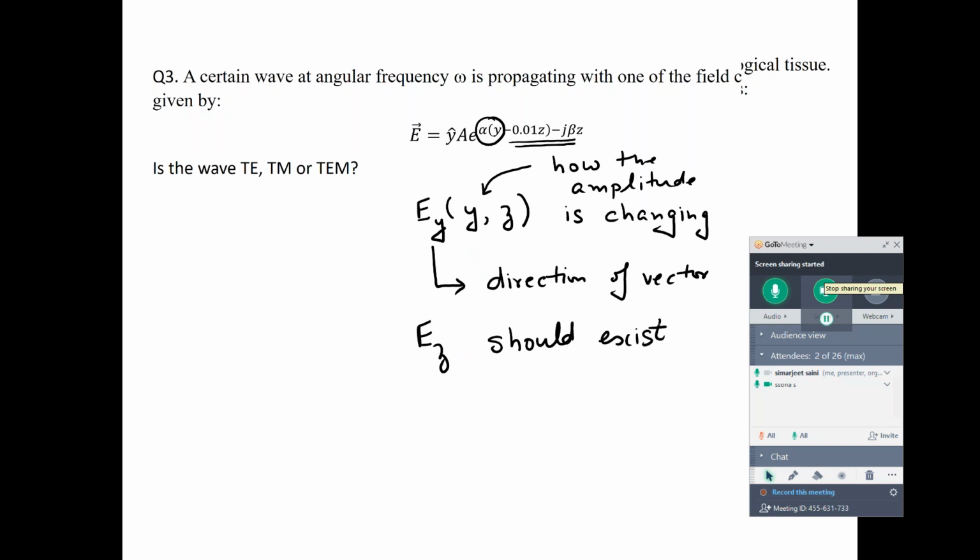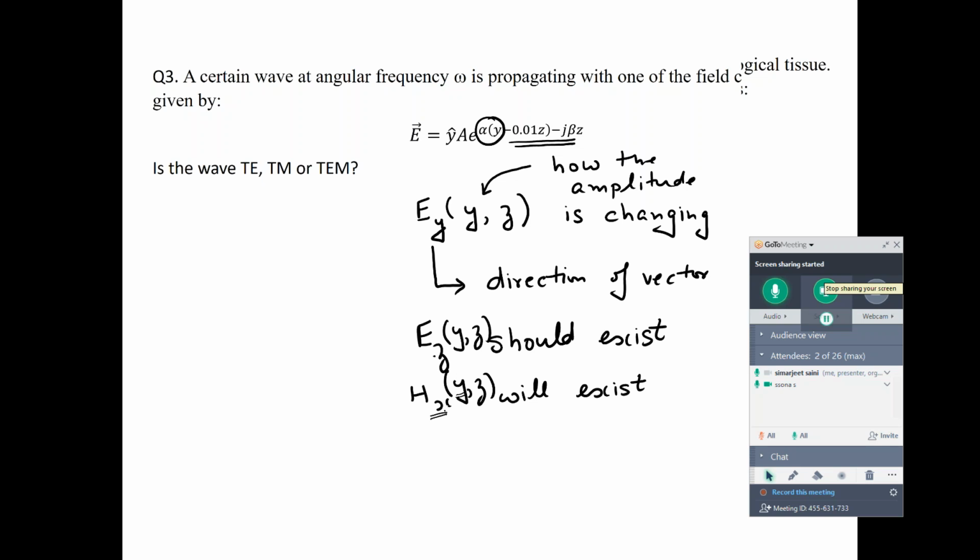If a field points in a direction and the amplitude of the field varies in the same direction, the longitudinal component of that field has to exist. Ez should exist and Hx will exist. Ez would again have a variation of y and z, Hx would again have a variation of y and z. And again, the argument we said before: if a field exists and points at 90 degrees to it, the z component of the other field should exist too.